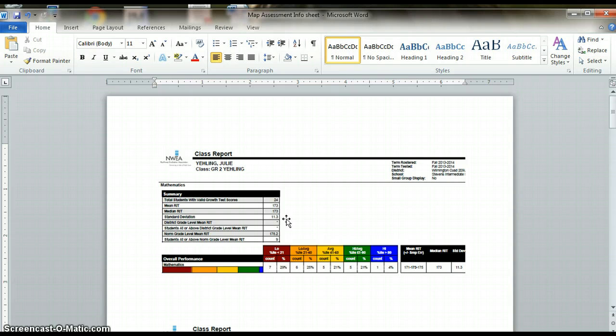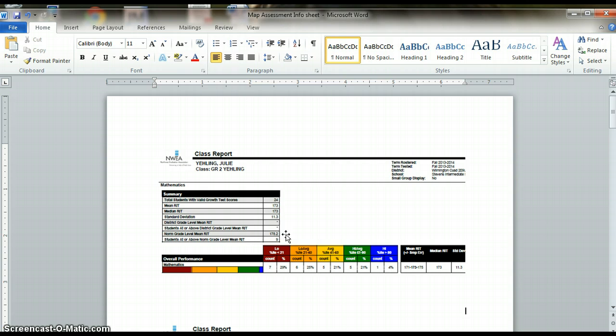The other interesting note that you should take note of here is the norm grade level mean, the RIT score that's listed here at 176.2. That would be the norm for second graders in math across the nation. So you can see where your class falls in the norm.